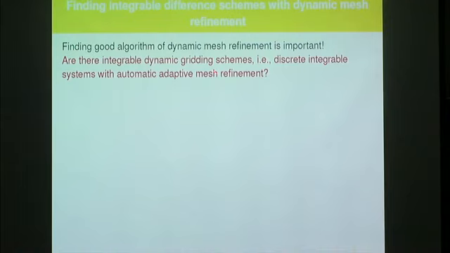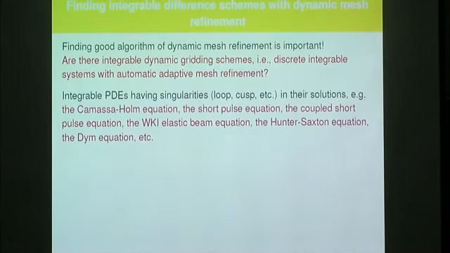This means a discrete integrable system with automatic adaptive mesh refinement. Up to now, there is no such discrete integrable system. Like you have some integrable system with a peak, and around the peak we have many grid points, and these grid points move. We want to make such a discrete integrable system.